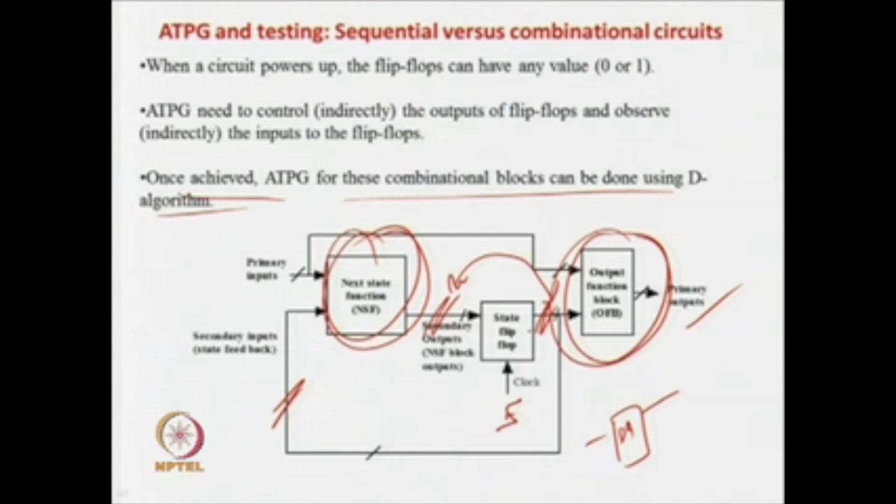Now, this flip flop will be driven by some gate of this next state function block, so you can assume a stuck-at 0 fault here and a stuck-at 1 fault over here. Similarly, this is driving some other gate in the output function block, or also some gate in the next state function block, so again you can have a stuck-at 0 fault and a stuck-at 1 fault here. But internal to the D flip flop there are some other gates, like feedback and all those things, as we all know the internal structure of a D flip flop.